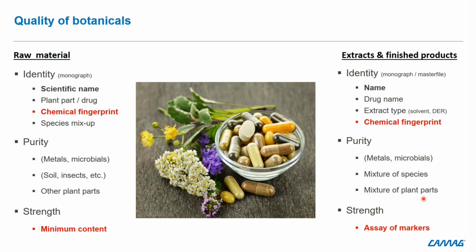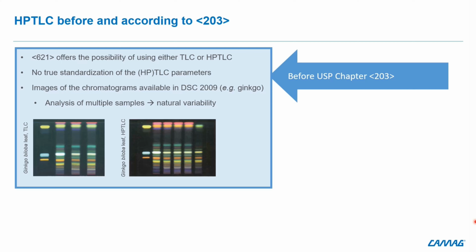So, what about the regulatory situation? In December of 2015, the United States Pharmacopoeia has introduced a general chapter 203 on HPTLC. But before that time, the chapter 621 described the interchangeable use of either TLC or HPTLC.